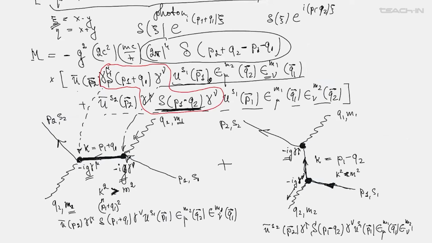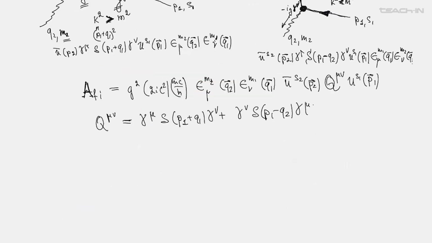If you write it by substituting the explicit expression for the Feynman propagator of fermions in momentum space, you find out that this expression is the following: i over 2, gamma mu (p1 crossed plus q1 crossed), and you know what I'm writing by this cross.